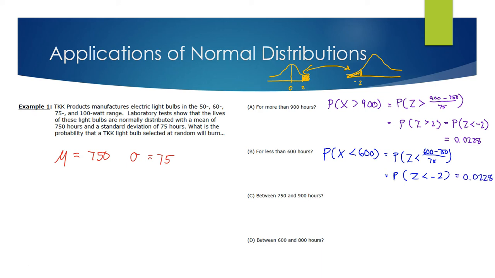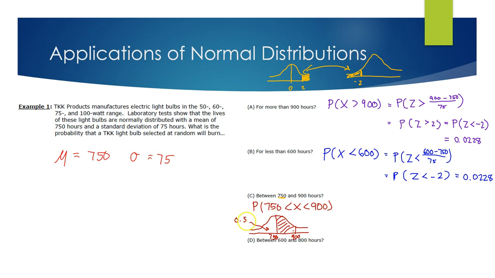Between 750 and 900 hours, again, you always want to get an idea of what's going on here. 750 happens to be the mean. So when I look at the circumstance between the mean and 900, I know that this portion right here is 0.5 because at the mean, I should be at the 50% point.